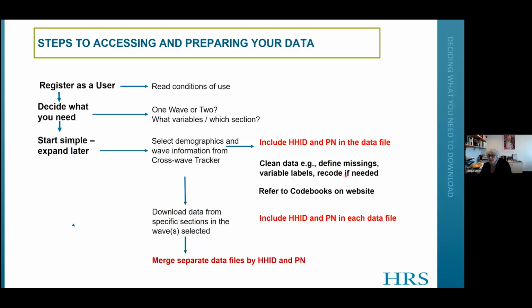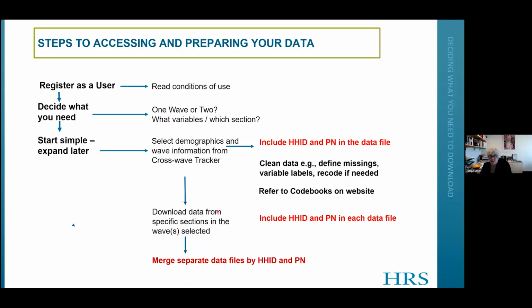So you need to sort of do a bit of housekeeping by referring to the code books, which are all on the website, about what a number actually means. Does a 1 mean a yes? Yes, it does. And a 5 typically means a no. And if you don't want it that way, then you have to recode it. If you want yes to be a higher number in your analysis, for example.